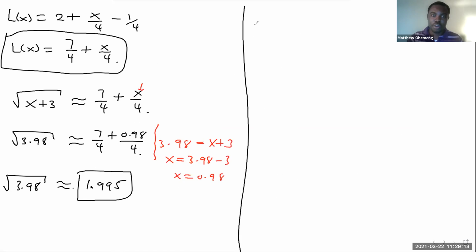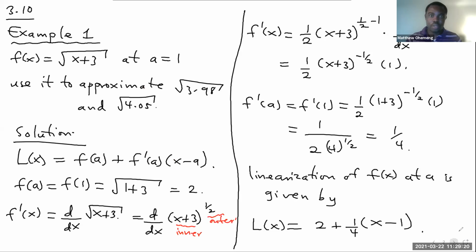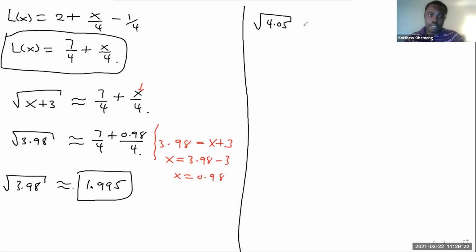Okay, then let's do the square root of 4.05. Is this 0.5 or 0.2? 0.5, yeah. For this one too, just as we did before, this is approximately equal to the linearization, so that's 7 over 4 plus x over 4. We need to figure out the x to plug in, so let's look at the original structure: the square root of x plus 3.